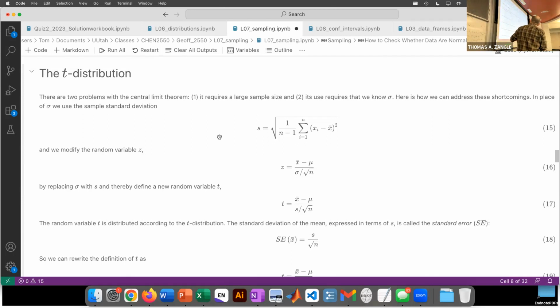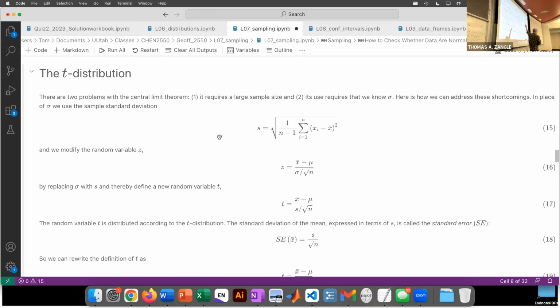So, up above, I said previously that if we have a large sample size, so in practice n greater than 30, then we can use the normal distribution to make an estimate of the probability of seeing any given mean value or any range of mean values within a sample. But that requires that we have a large sample size, and it also requires that we know the population standard deviation sigma.